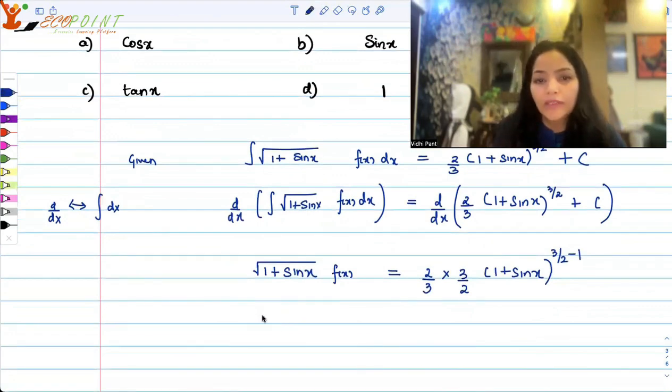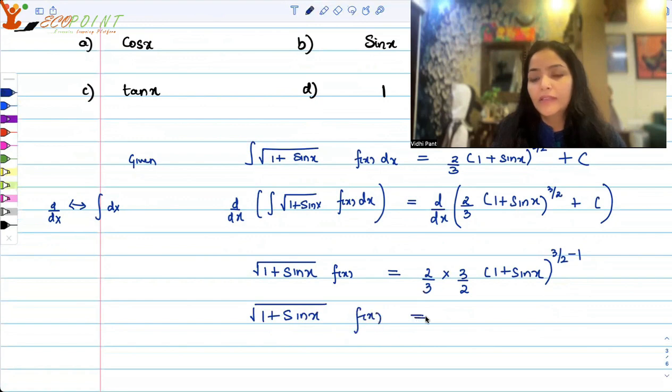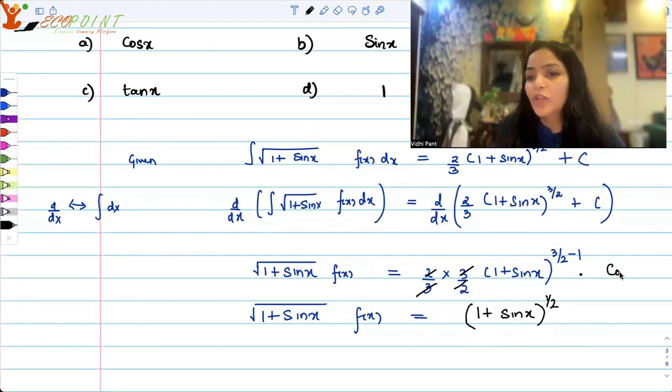So what you get is, square root of 1 plus sine x times f(x) is equal to, this cancels off, and you get (1 plus sine x) to the power 1 by 2, but do not forget the chain rule here.